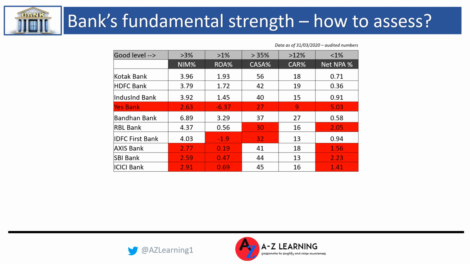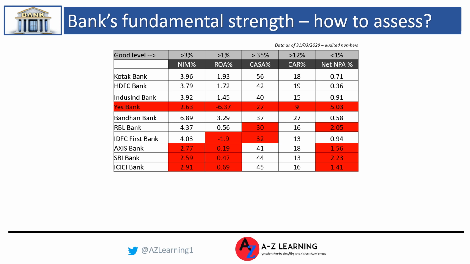CASA ratio is only 30, and net NPA is 2%, whereas it must be below 1%. IDFC First, while good on the net interest margin, is loss making, so return on asset is negative. CASA only 32%, so that's not good. But their net NPA is only 0.94, which is good.